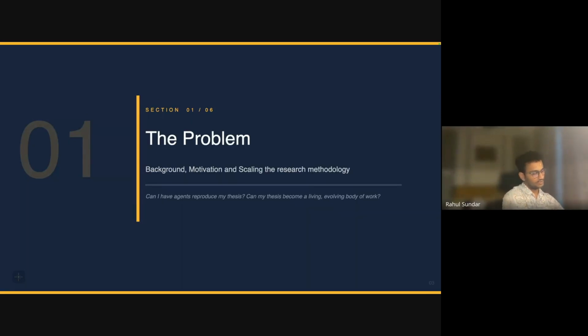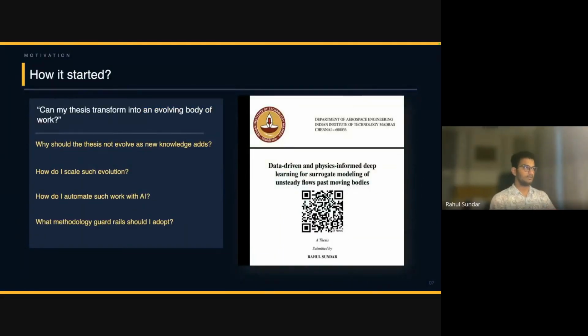And why shouldn't a thesis, a body of work that's been evolving over 5 years, evolve further? And how can it also become textbook material, right? So adding to the new knowledge base, and you get to build on top and also scale it and scale its impact. That was the larger question.